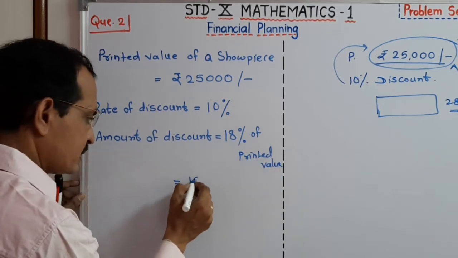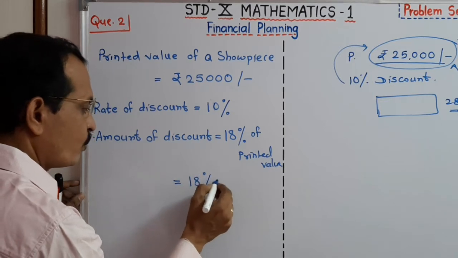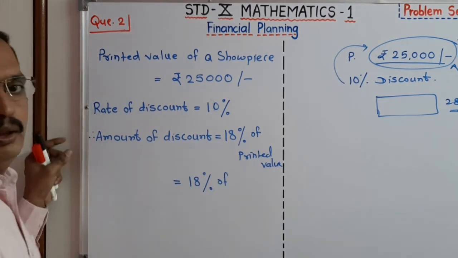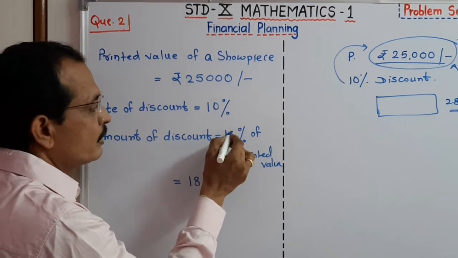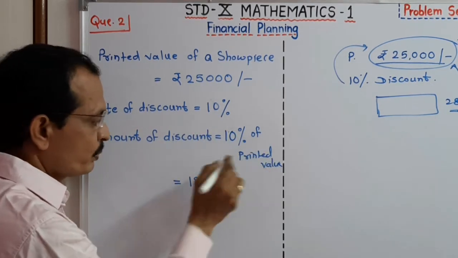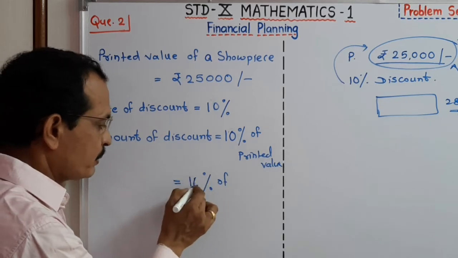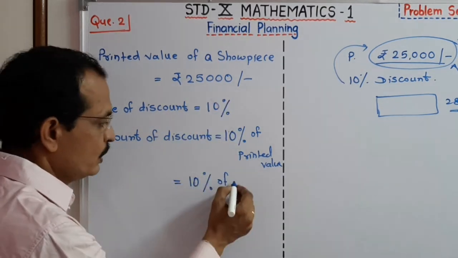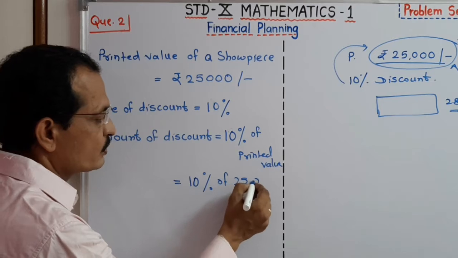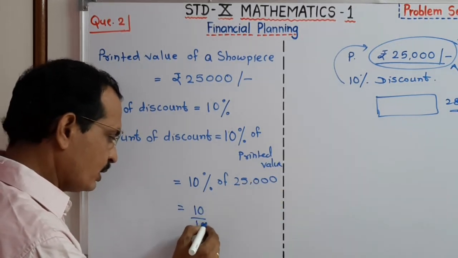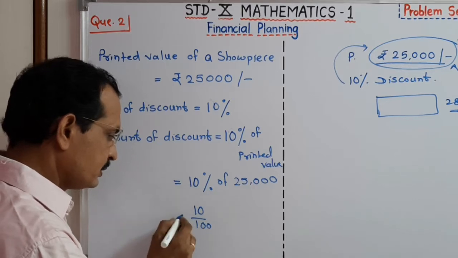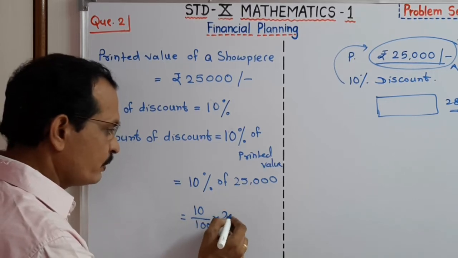Sorry, dear student, it is not 18%, it is 10%. Therefore 10% of printed value. Therefore 10% of what is printed value? Of 25,000. Now 10%, therefore 10 upon 100 into 25,000.